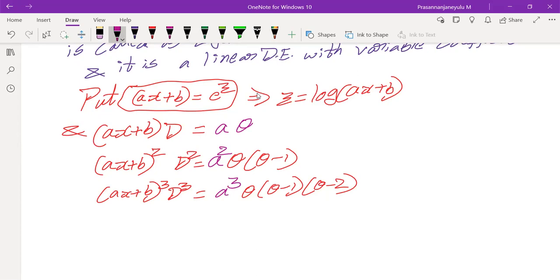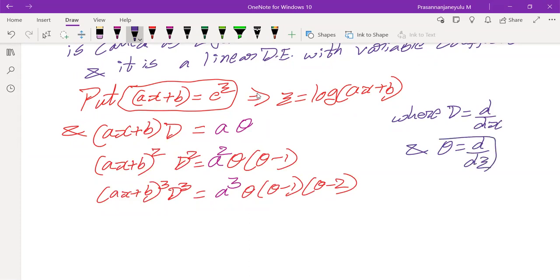And what is D here? As usual, d by dx. And what is theta? As usual, d by dz.